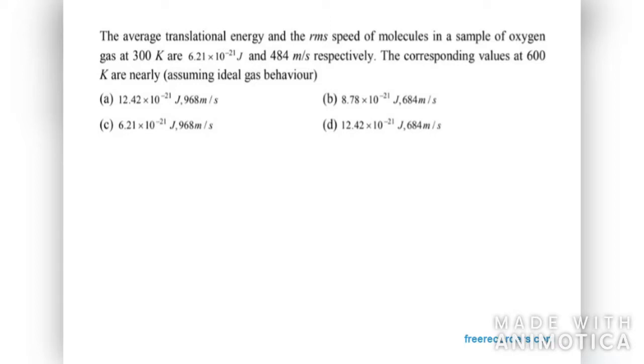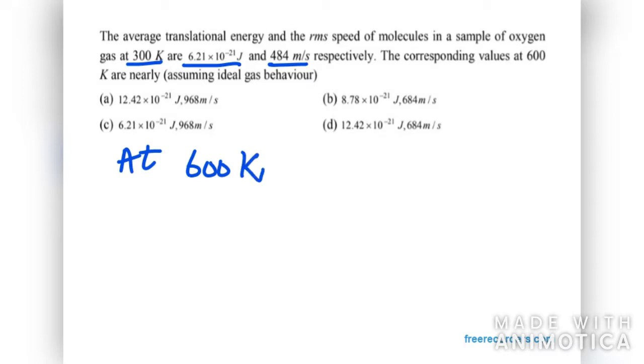So we need to find the corresponding values at 600 Kelvin. These are the values at 300 Kelvin. This is the translational energy and this is the RMS speed. We need to find them at 600 Kelvin.